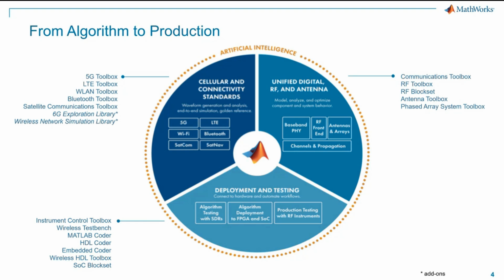For that, there is the ability to auto-generate code, whether it's HDL code or embedded C, C++, and additional IP blocks that can be used off the shelf, for example, forward error correction and so on. In addition, there is infrastructure to control test and measurement equipment when we set up the test bed in the lab, so we can test as we go and then get through to production.